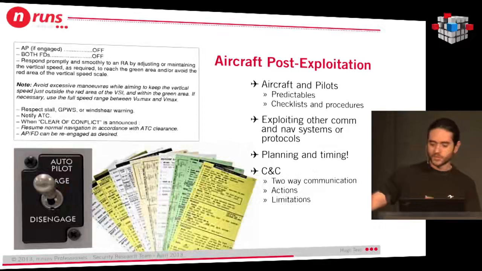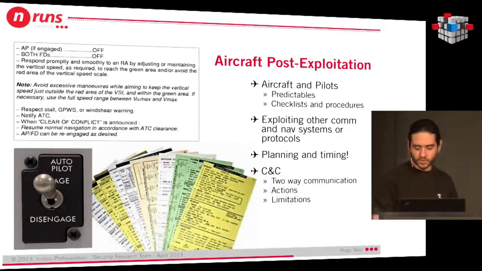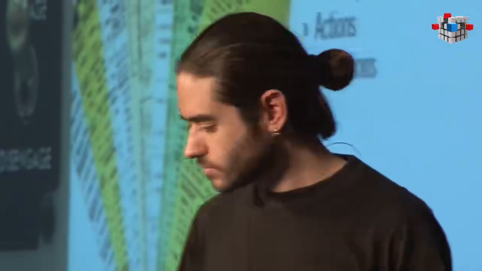I point you to this address, so I know you are going to do this. It's kind of pilot programming. And after that, establish a command and control, as always, establish a two-way communication, so we can send further actions to the exploited airplane and try to overcome the limitations such as the ACARS and ADS-B ones.